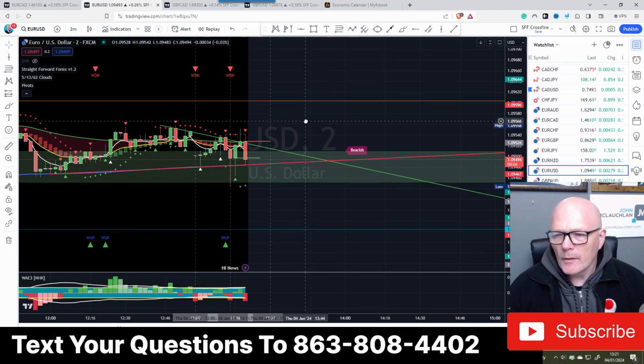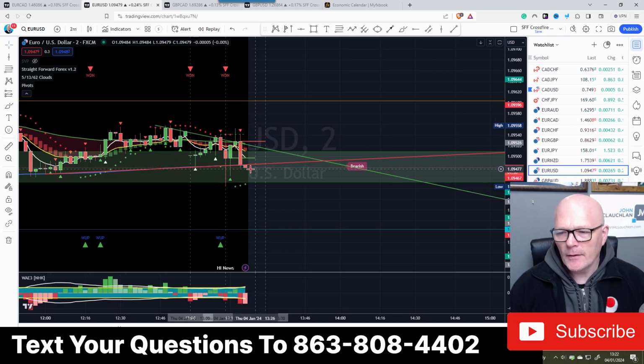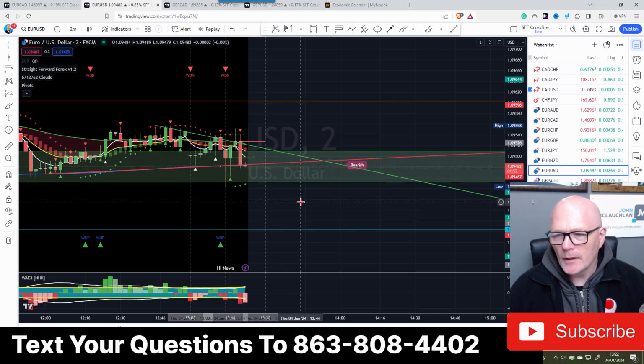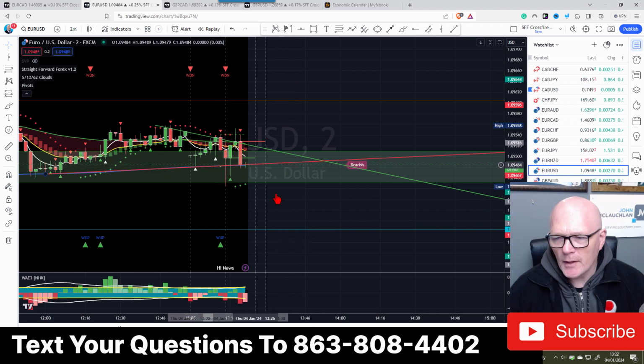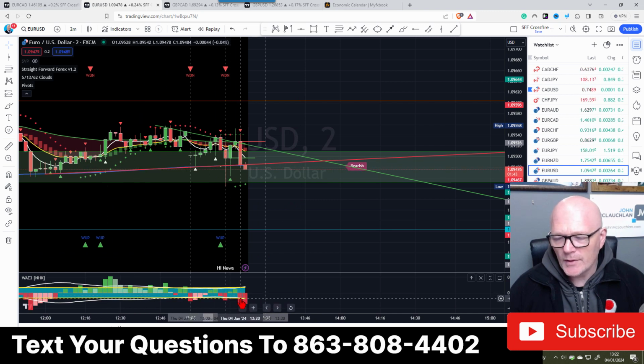Okay, what have we got going on now? Price right now is in between the green trend line and the red trend line. It was kind of in the middle of nowhere, and right now this red trend line is offering resistance to the downside. The WADR is the same, there's no volume in it.